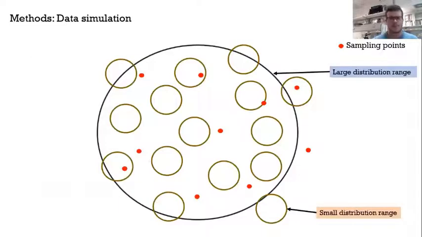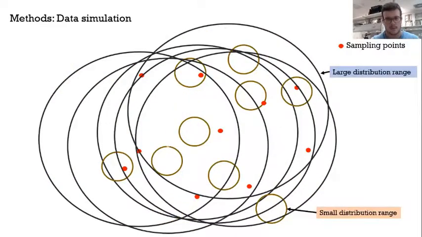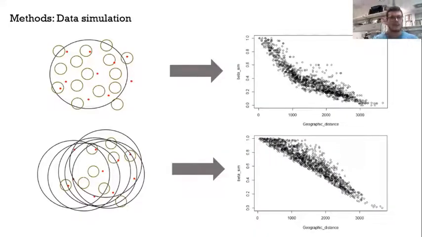Moreover, we repeat this same procedure, but keeping the distribution size constant and changing the proportion of large and small distributions. So we have the same case as with the previous procedure.